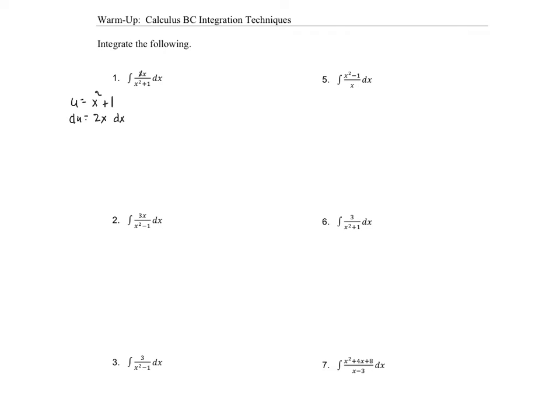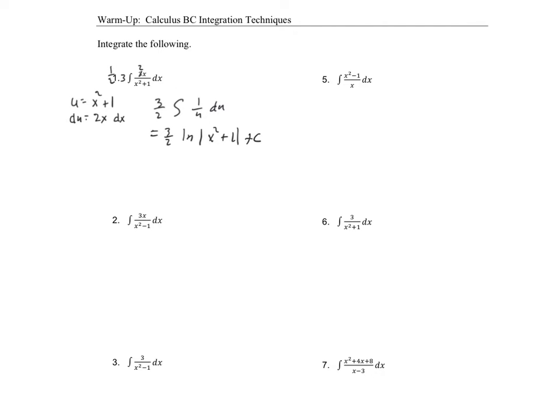All right, so here I would pull my 3 out, I would force my 2, and counter with the half. So now I've got 3 over 2, the integral of 1 over u du. So then we know that antiderivative then is going to be the natural log of the absolute value of u, and then we can back substitute.